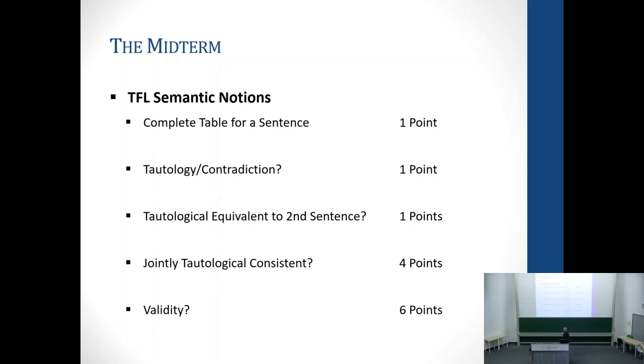Okay. And finally, I will give you 2 English arguments, and I will ask you to use tables to show me if they're valid or invalid. So that means for these questions, this is exercise F, I believe, on the actual exam, you will need to build your own symbolization key, symbolize them into TFL, build a table, and then assess whether the argument is valid or invalid. 3 steps, 3 points.